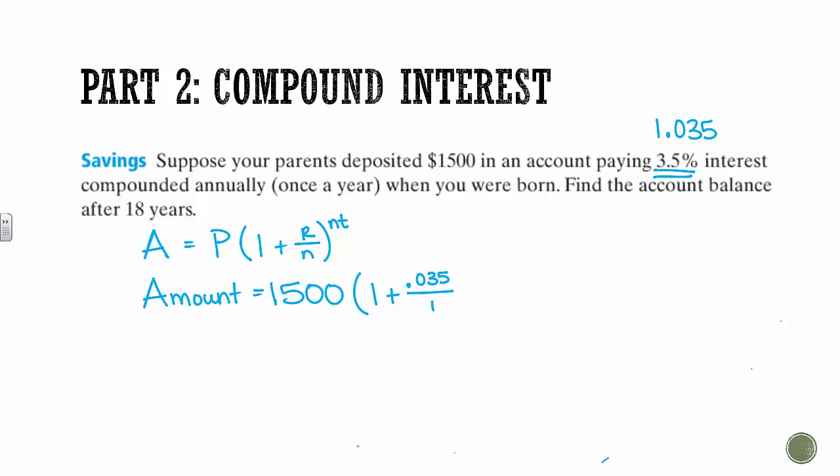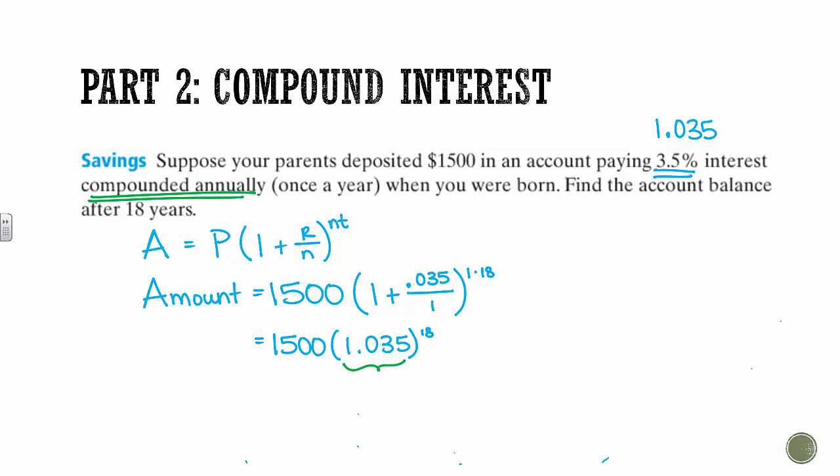So the number of times we're going to split this up is only 1 time. And then we're going to take that to the power of 1 times 18, because they're only going to do it 18 times over those 18 years. So we can quickly simplify some of this stuff. And this looks exactly like the problem that Maya had. This whole compounded annually thing makes our life pretty easy.